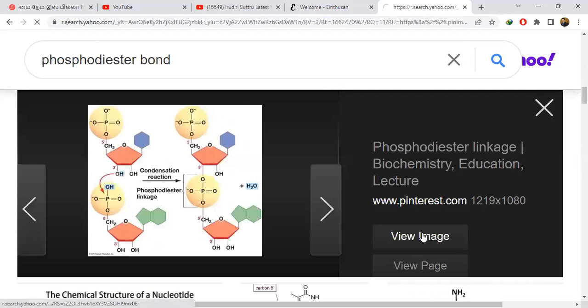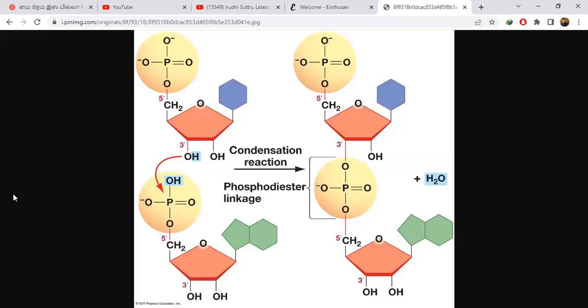Check whether in your tube this picture is given, Putha. Yes. Here, no need to take lots of details at the moment, just an idea. This is a nucleotide.